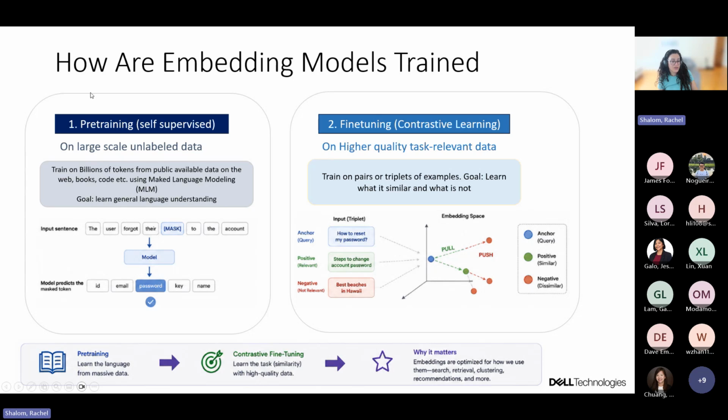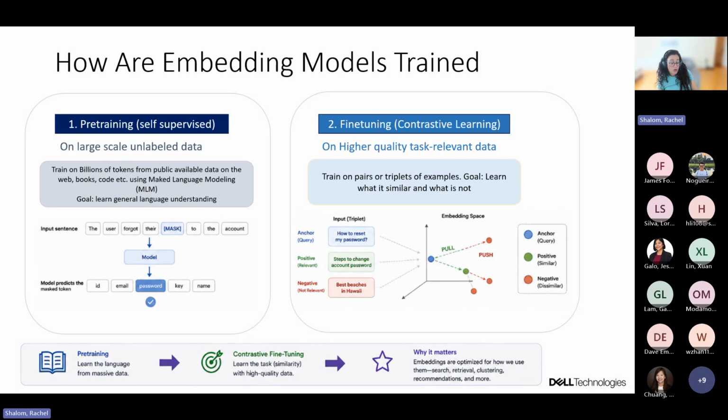So the first stage normally is pre-training, where you take what we call a chunk of the internet, everything that exists publicly: books, Wikipedia, public GitHub repositories. You take it all in, and the purpose is to teach the model a general understanding of the language, connections between words, a little bit of grammar, syntax, but not the actual fine-grained semantic meaning.